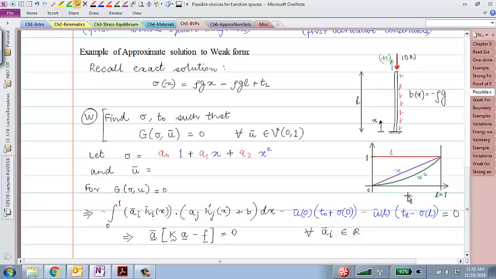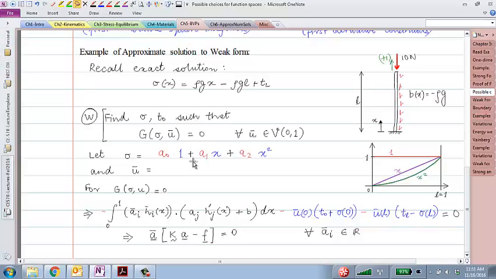If sigma is actually a linear combination of these three functions, then I will get the exact solution with this method. And you can see the true solution for sigma is actually a linear function, right? Which means that if I were to choose this approximation, I will actually get the true exact solution with this approximation.